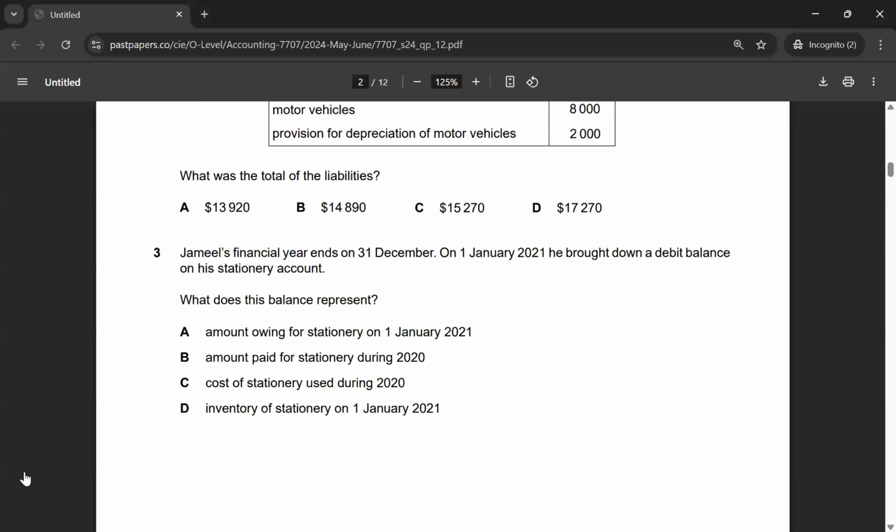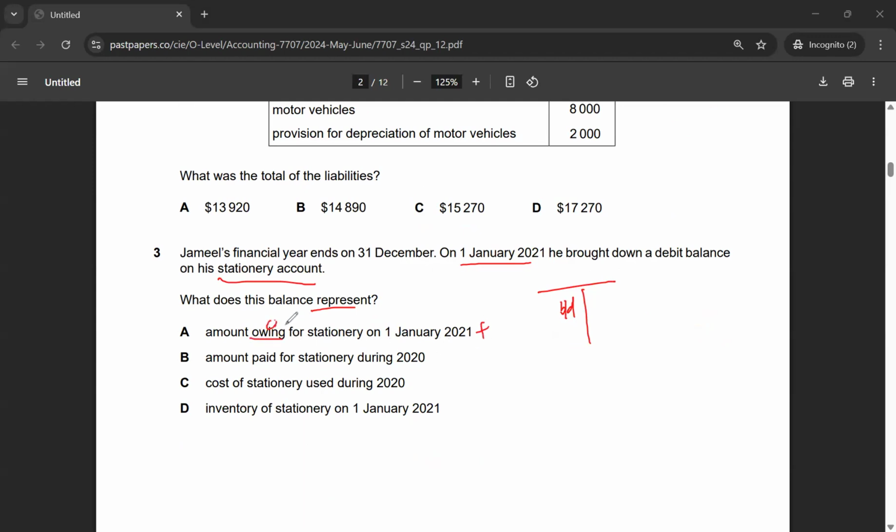So question 3, Jamil's financial year ends on 31st December. On 1st January 2021, he brought down a debit balance on his stationery account. What does this balance represent? So it is stationery. It has a balance brought forward on the debit side. The amount owing for stationery on 2020, not really.